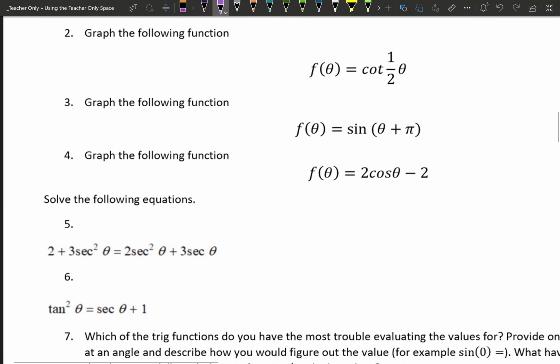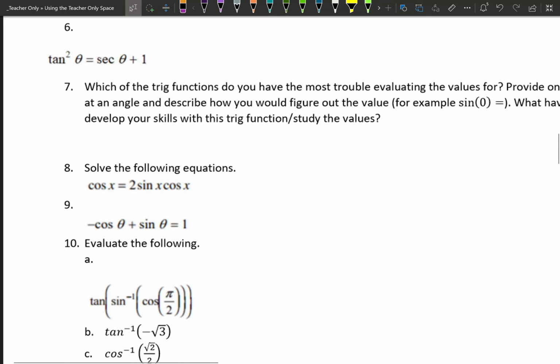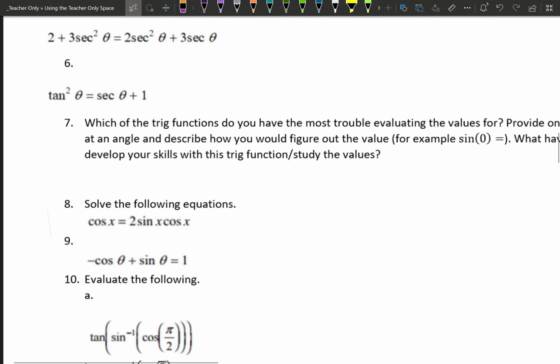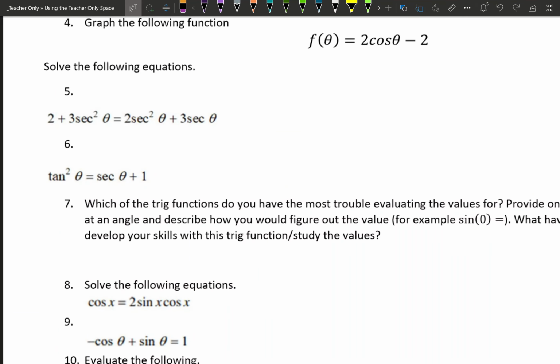On the other version, the one where everything was already in terms of one trig function, was also number 5. So in this case, it's all in terms of secant squared theta.